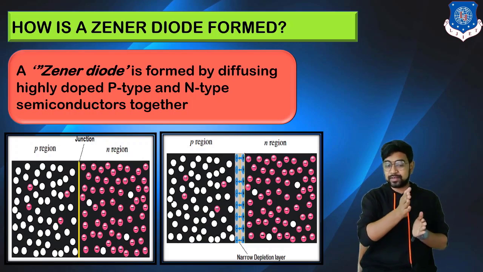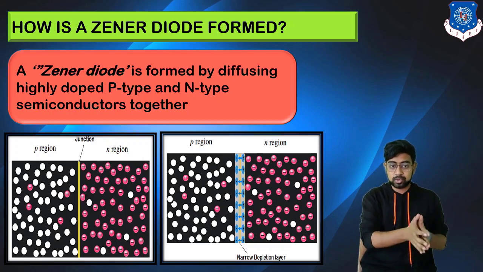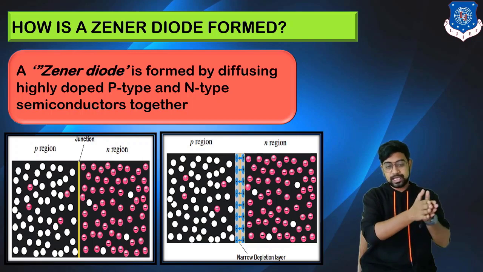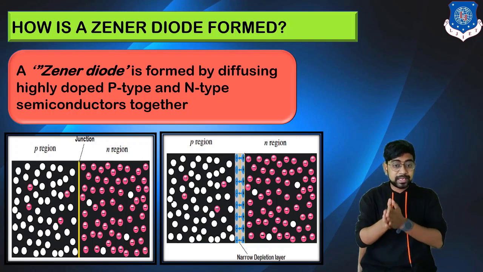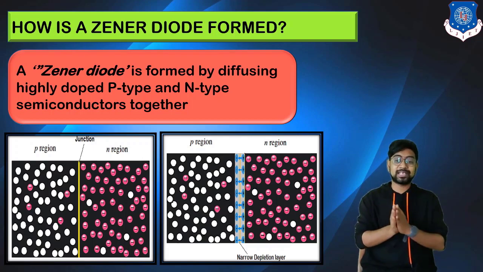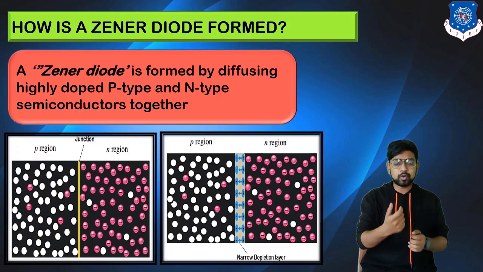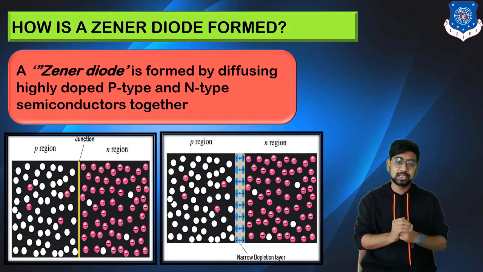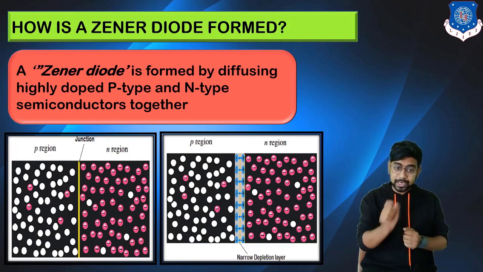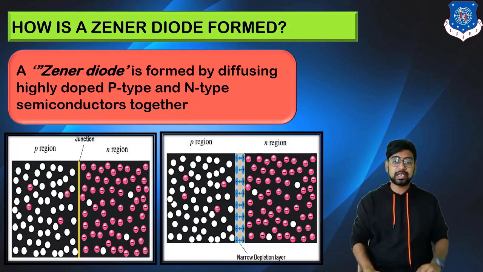Vice versa, when the holes are in such high density, there will be a diffusion process of course, but when they move there is not much space available in the N region to reside. That's why whatever small amount of space is there is utilized, and a thin depletion region is created. So compared to the PN junction, the depletion region is extremely narrow in the Zener diode.